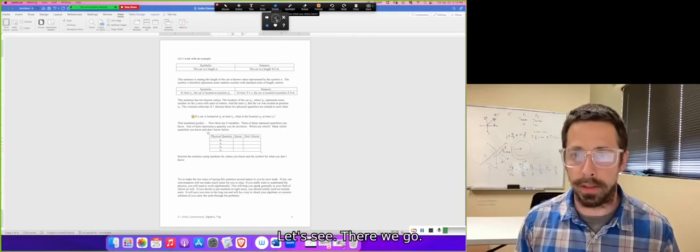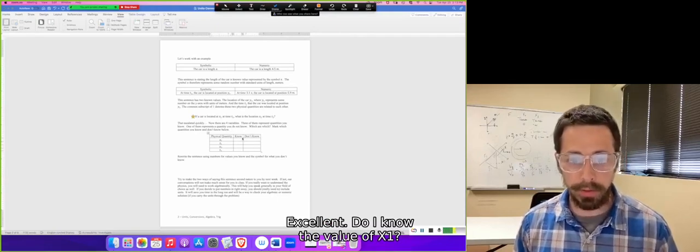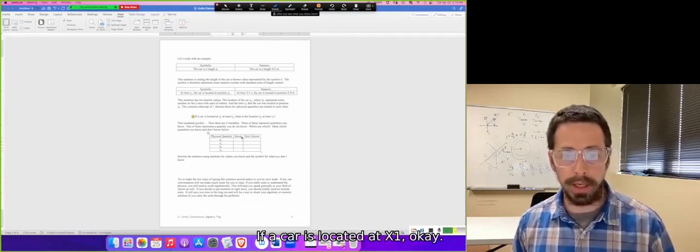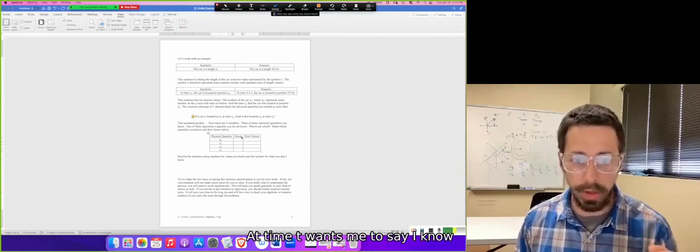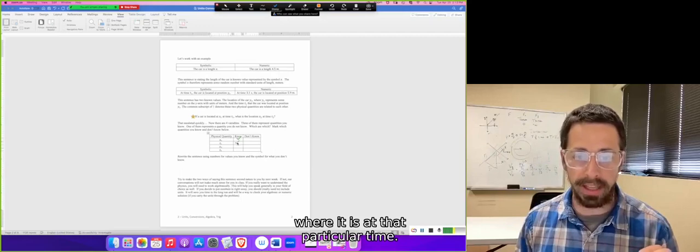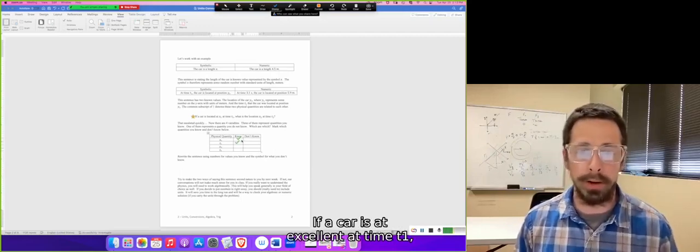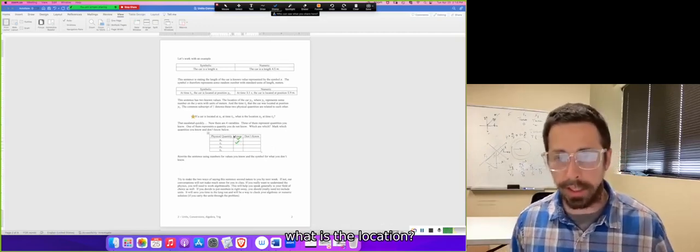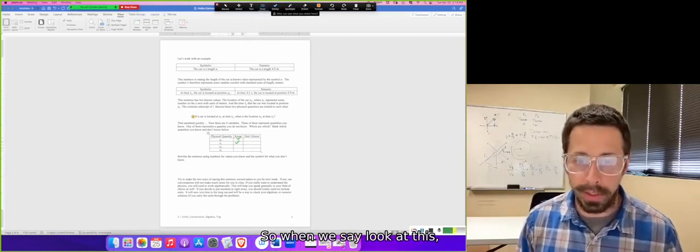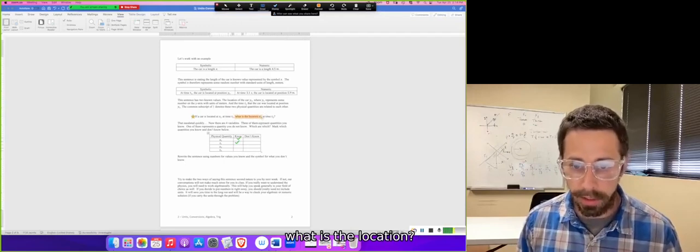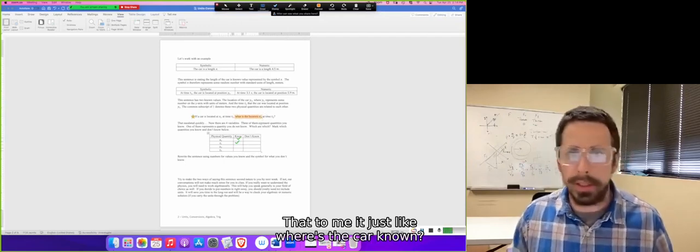Let's see. There we go. So x1. Do I know the value of x1? If a car is located at x1 at time t1, this is me saying I know where it is at that particular time. If a car is at x1 at time t1, what is the location? When we say, look at this, what is the location, that to me is just like, where is the car?